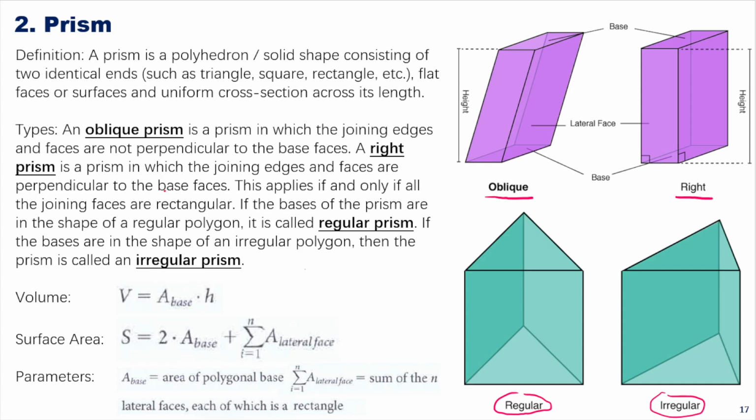And for an oblique prism, sometimes the lateral face is not necessarily a rectangle, but a parallelogram.